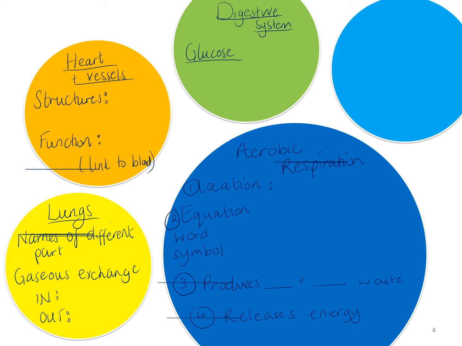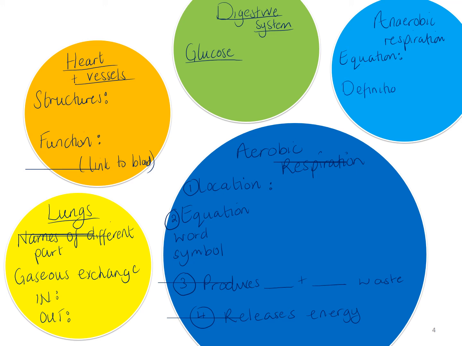And then finally, what I would like for you to do is one box about anaerobic respiration. So for anaerobic respiration, I would like for you to write down what the equation is for anaerobic respiration. I want you to also write down the definition.